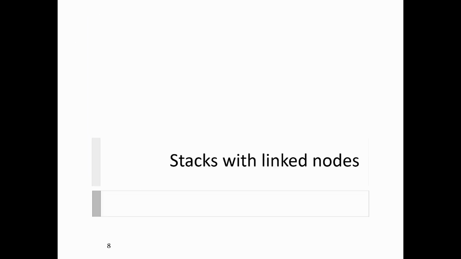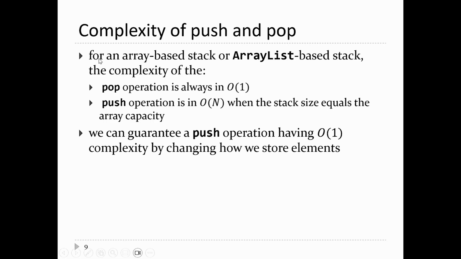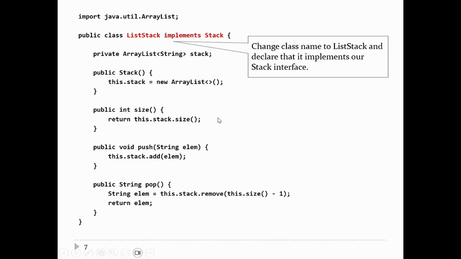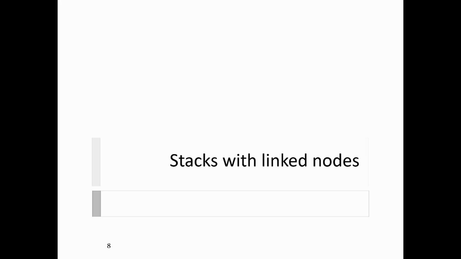We can't do the same thing for our array-based stack of int, because our interface is strictly designed for a stack of strings. We'll fix this in a little bit when we learn about implementing what are called generic classes.